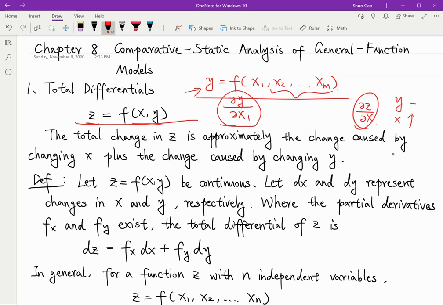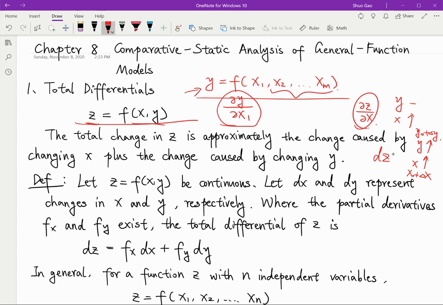But what if in the other case both x and y increase a little bit? So x starts from x0 and becomes x0 plus delta x, and y goes from y0 to y0 plus delta y. Both x and y just increase a little bit.